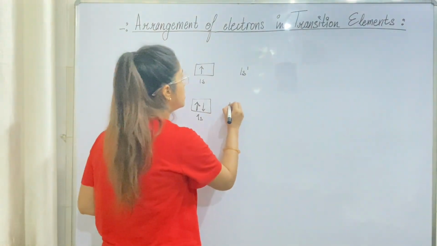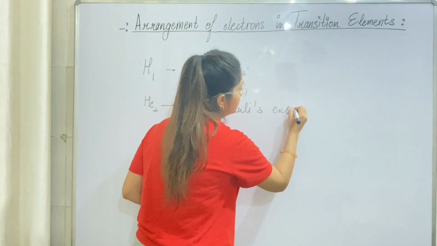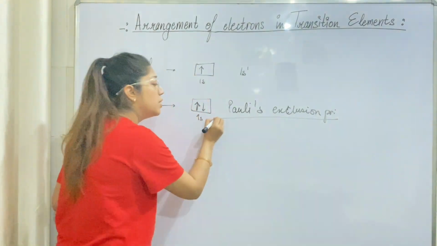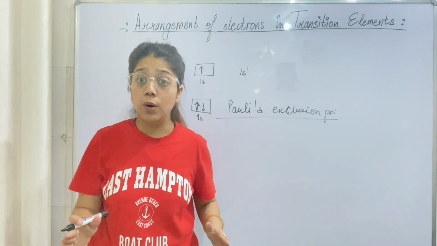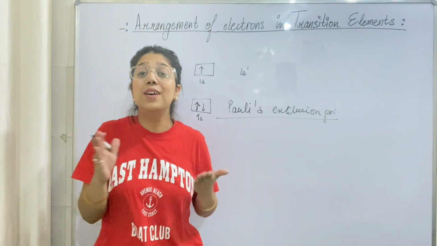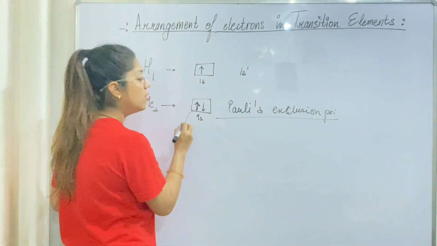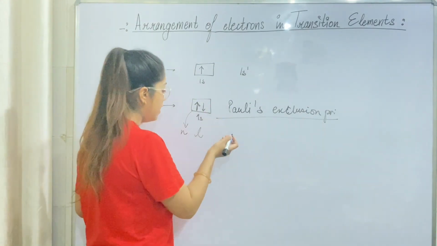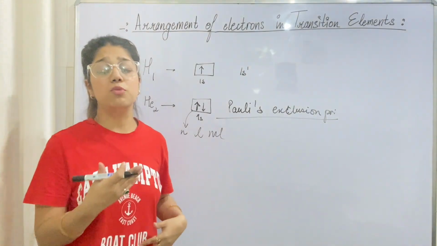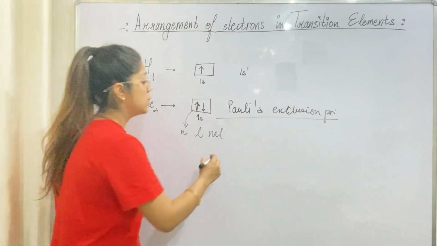This is also known as Pauli's exclusion principle. So this also you have to keep in mind, that no 2 electrons in the orbital can have the same values of all the quantum numbers. That means here if you see, both these electrons have the same value of n, of course, same value of l and the same value of ml as well, because they are present in the same shell, same subshell and same orbital. But do they have the same spin quantum number?